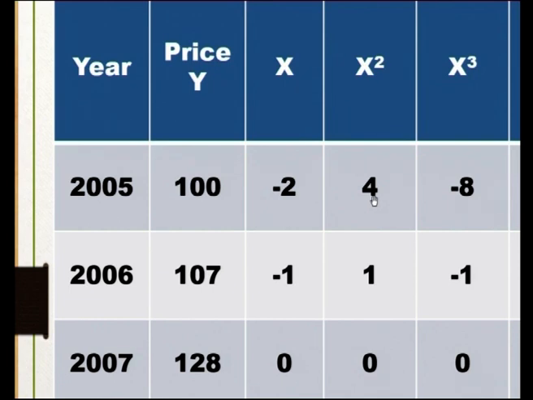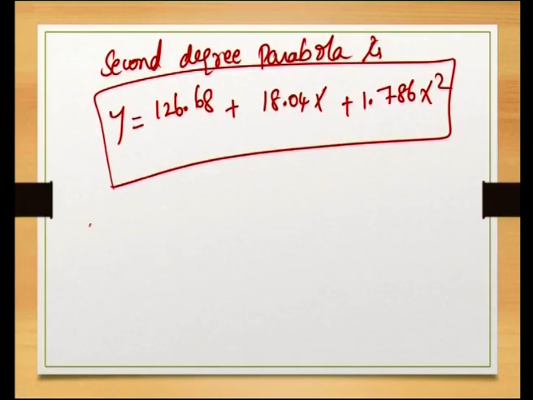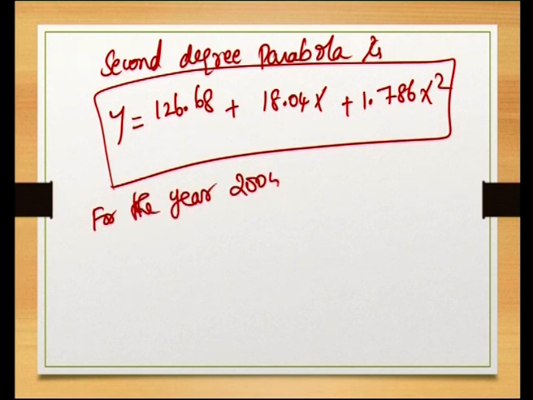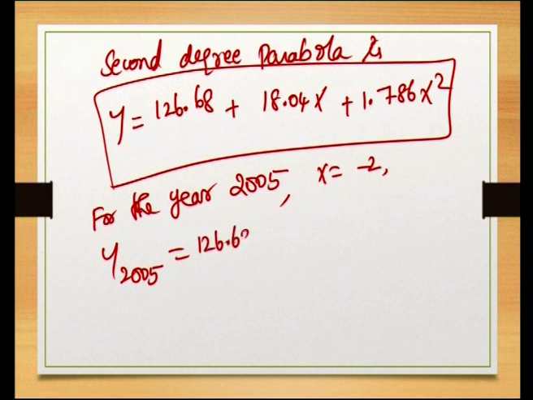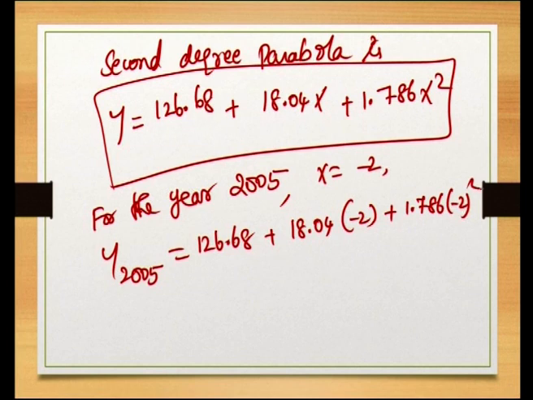So, we shall see how this is calculated for the year 2005. X is equal to minus 2, therefore, y at 2005, that is the trend value, is 126.68 plus 18.04 into minus 2 plus 1.786 into minus 2 whole square.